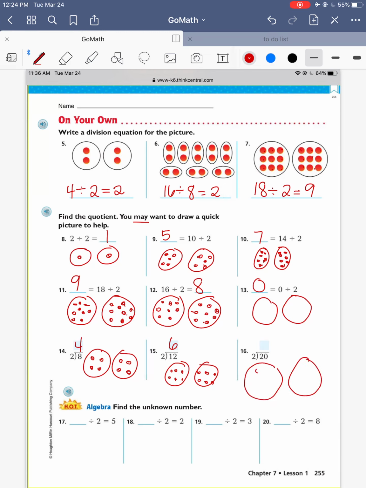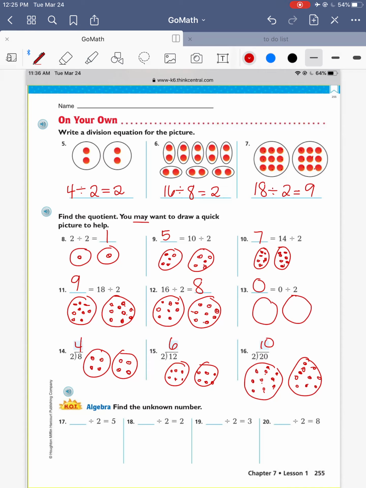So make 2 groups. 1, 2, 3, 4, 5, 6, 7, 8, 9, 10, 11, 12, 13, 14, 15, 16, 17, 18, 19, 20. Count up the circles in one group. 1, 2, 3, 4, 5, 6, 7, 8, 9, 10.